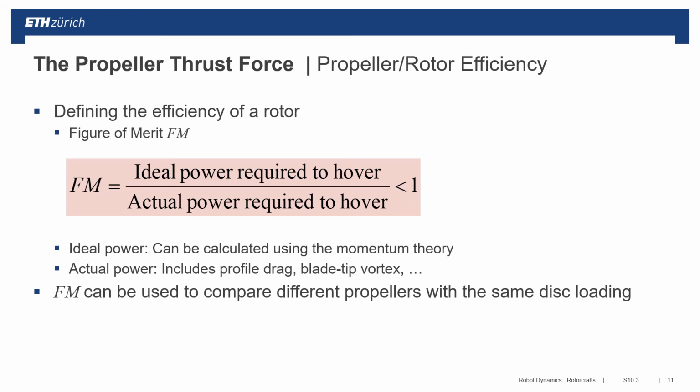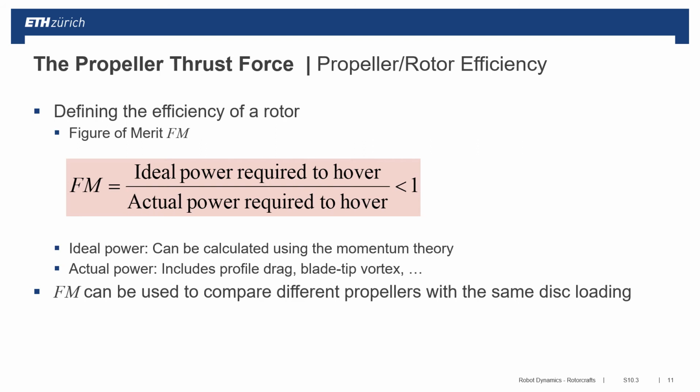This allows us to actually define the figure of merit. The figure of merit is equal to the ideal power required to hover divided by the actual power required to hover. The ideal power required to hover is exactly what we can calculate using the momentum theory, and the actual power is what we probably measure in the rotorcraft, or we estimate by using a more appropriate and more detailed model of the helicopter.